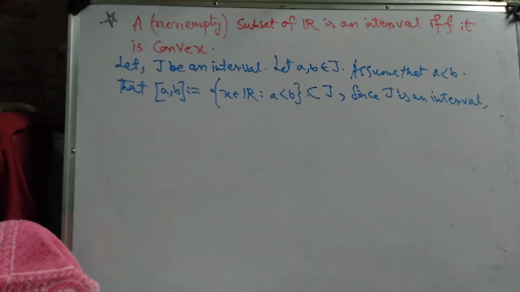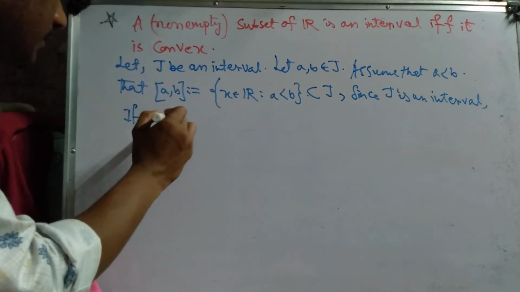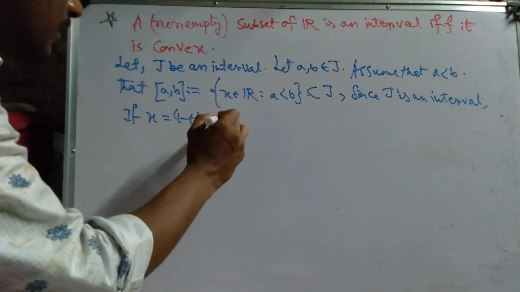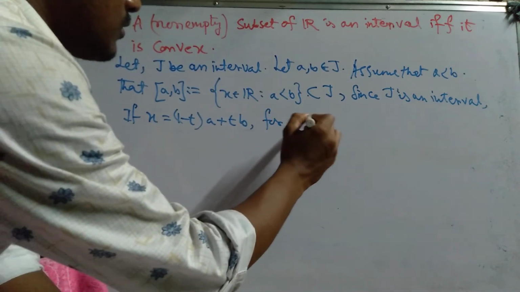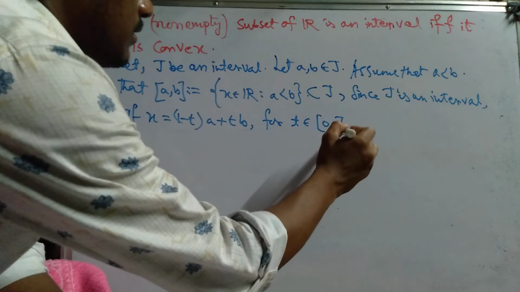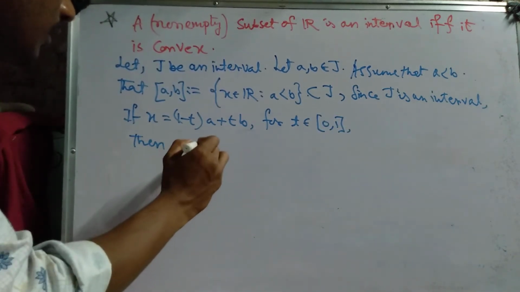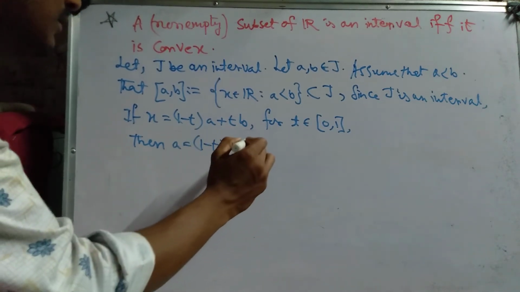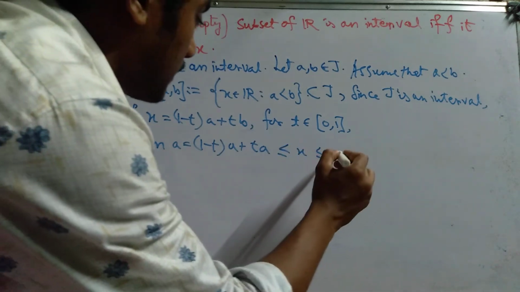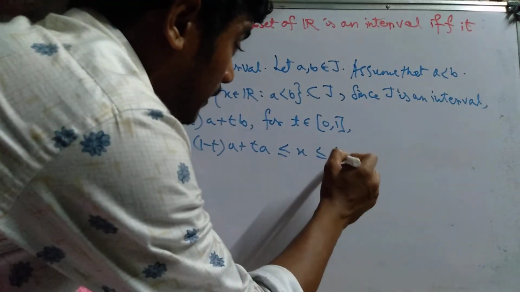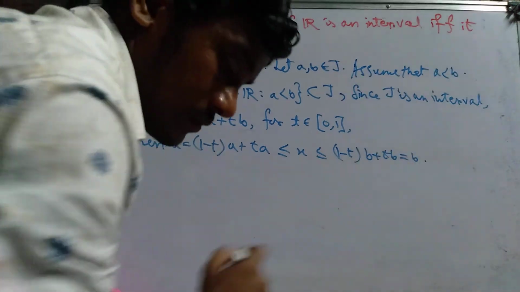So what have we done? If x equals (1 minus t)a plus tb for t belonging to [0, 1], then a equals (1 minus t)a plus ta, which is less than or equal to x, which is less than or equal to (1 minus t)b plus tb, which equals b.